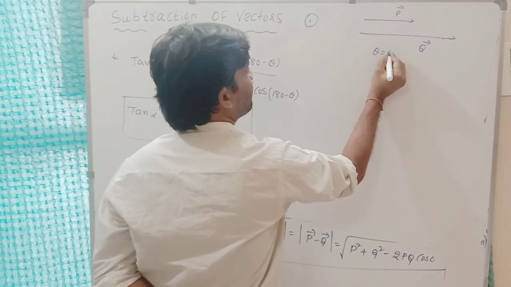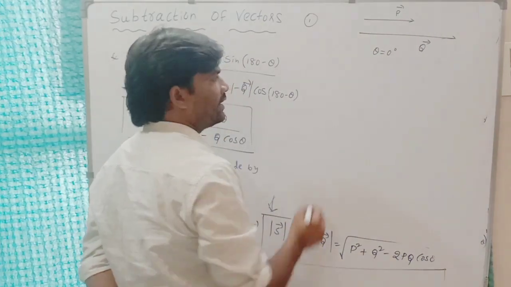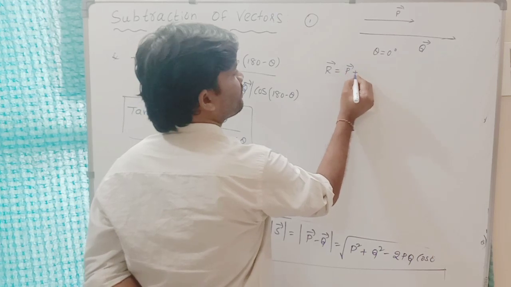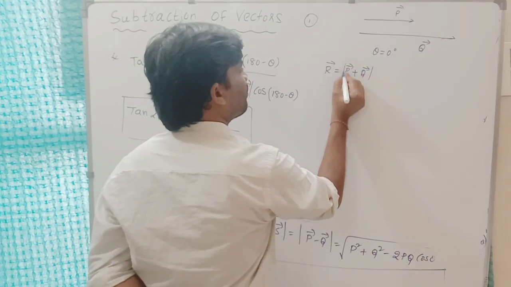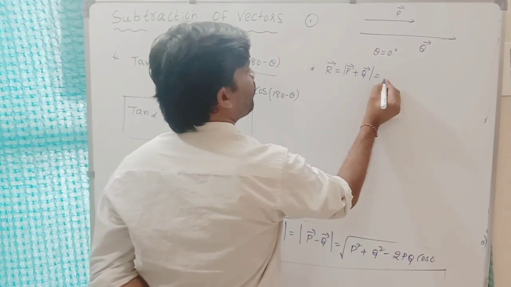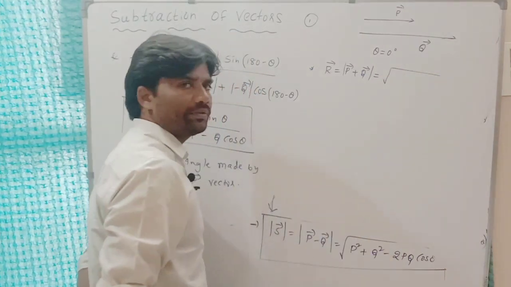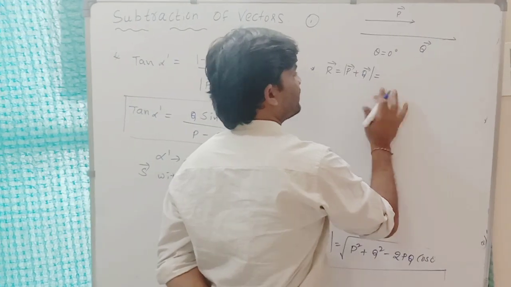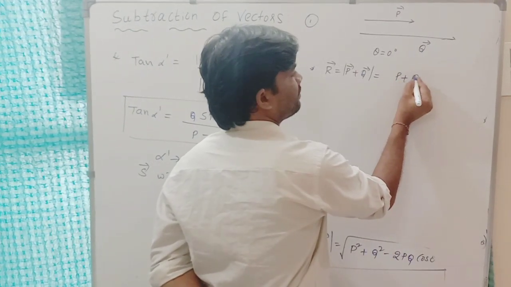Theta is 0. If theta is 0, I want the magnitude of the resultant of these two. What is the formula for this? Root of P square plus Q square plus 2PQ cos theta, with theta 0. So you will get P plus Q.